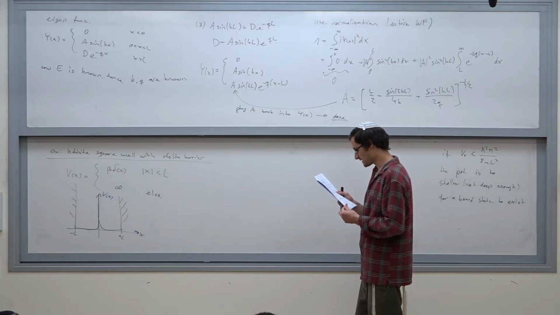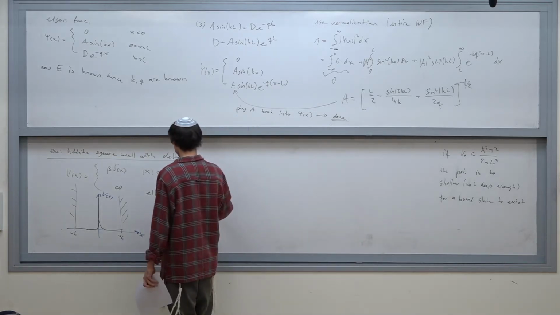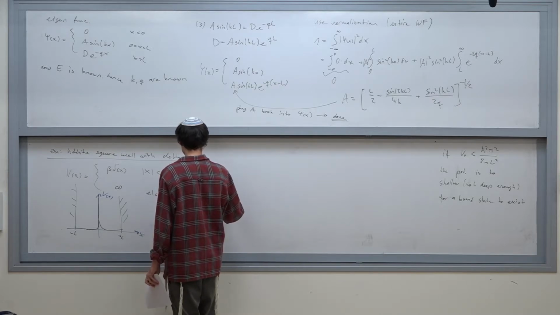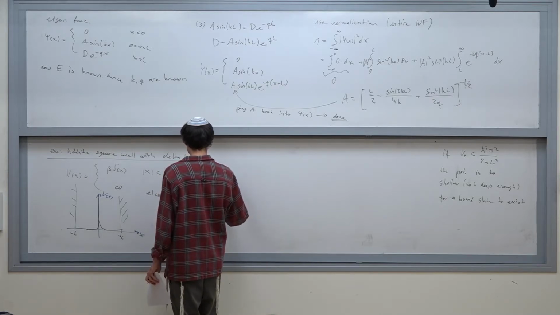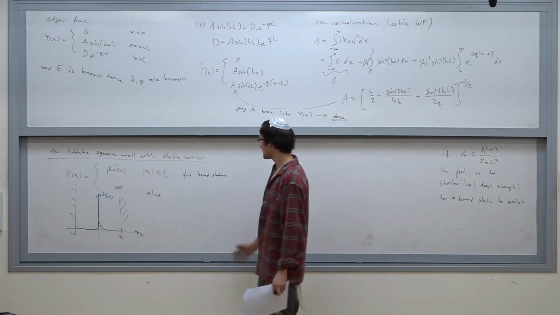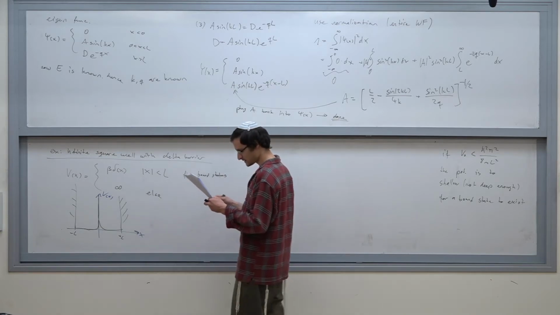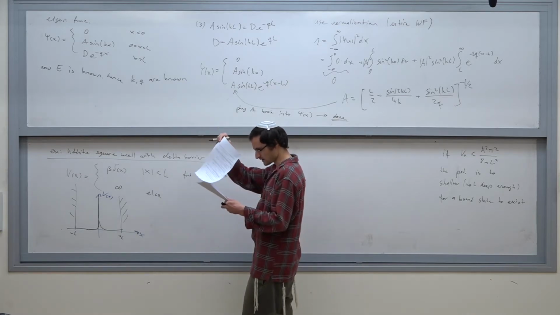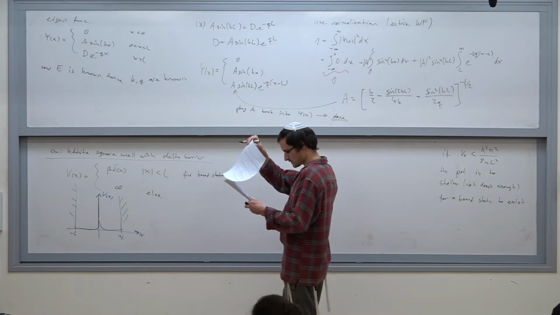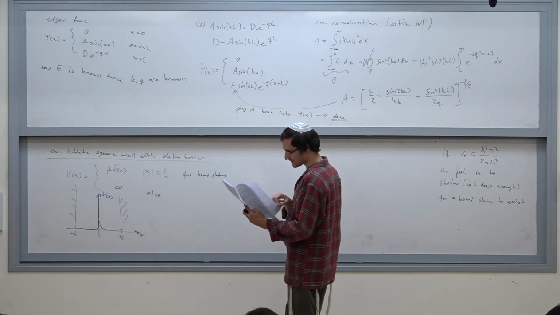Okay, we want to find the bound states. Of course, there are only bound states in this problem because it's infinite on the sides. Both the energies and the wave functions, or just the energies? I don't remember. I think just the energies.